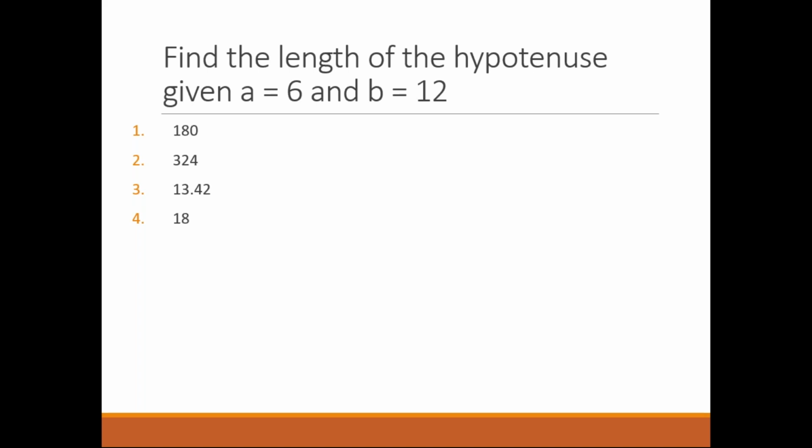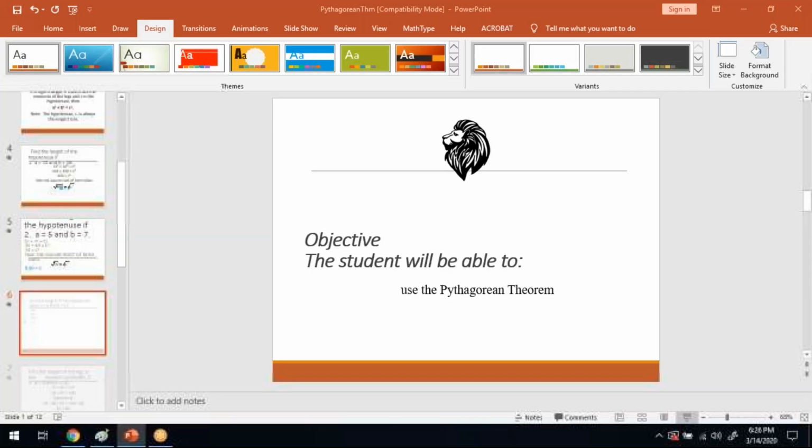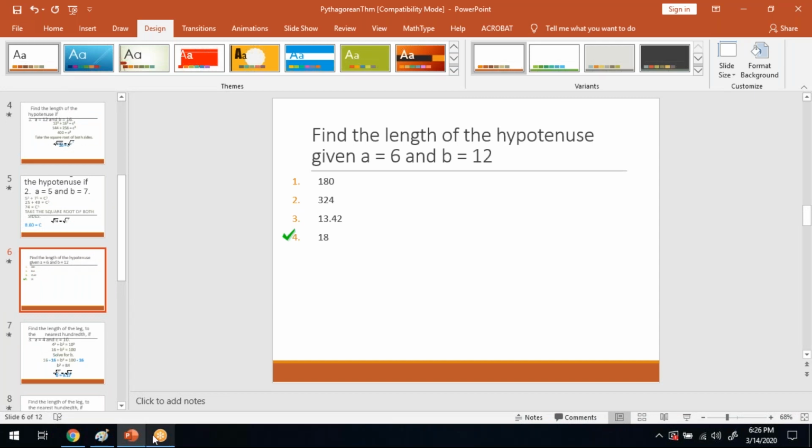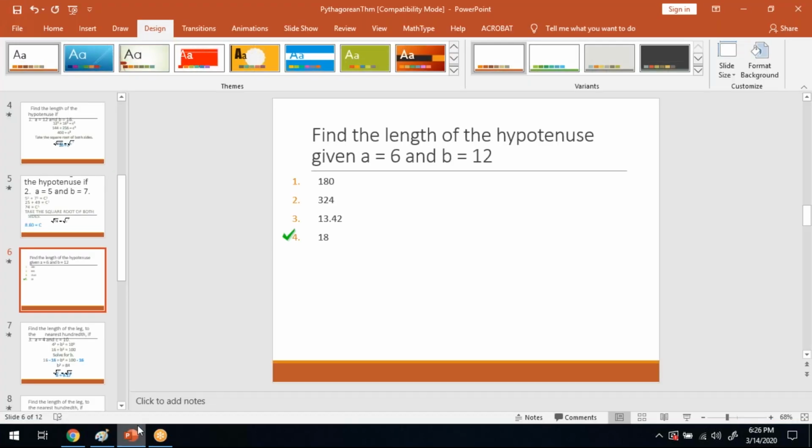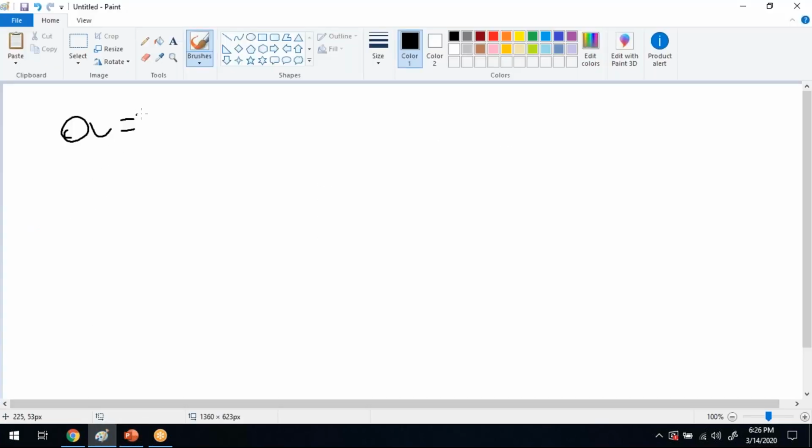Suppose we have this question: find the length of the hypotenuse given that A is 6 and B is 12. So A is 6, B is 12.